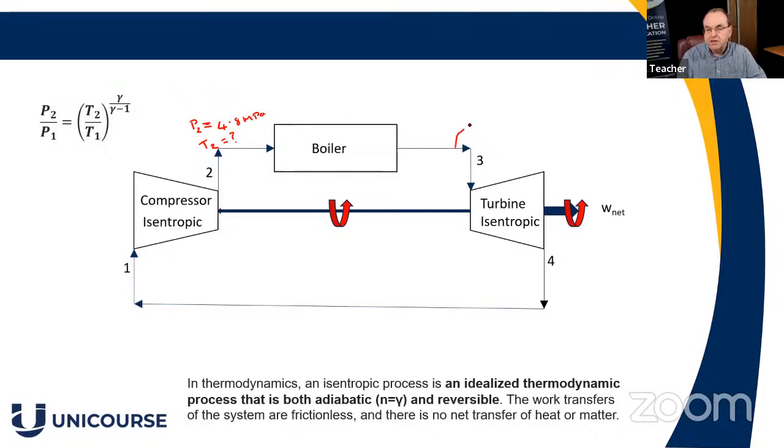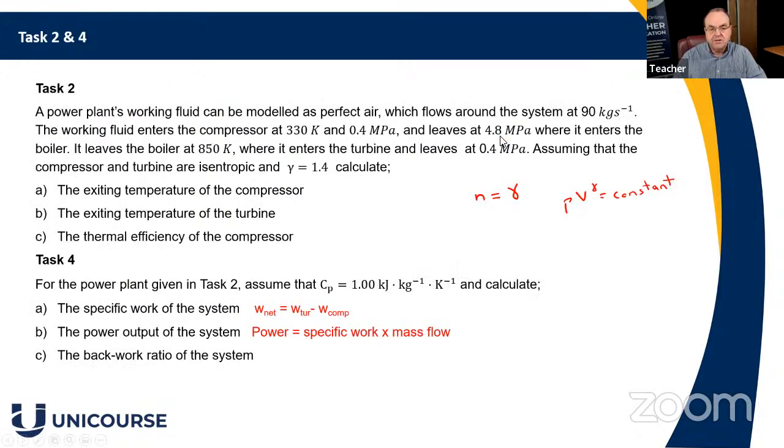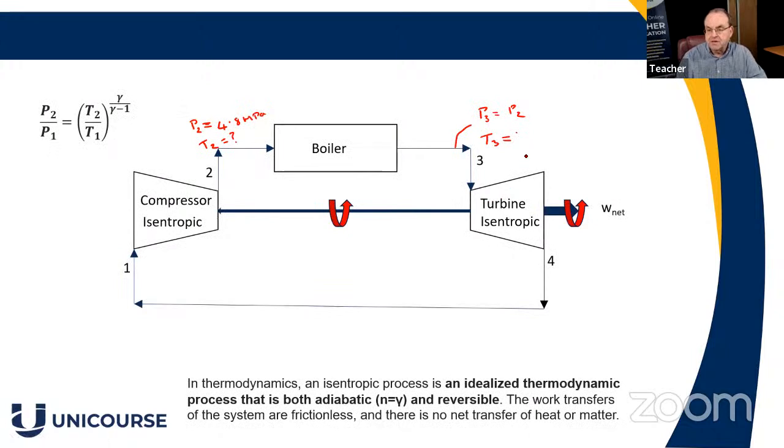At condition 3, we have P3 is equal to P2. There's no change in pressure. And T3 is given in the question, T3 is 850 Kelvin.